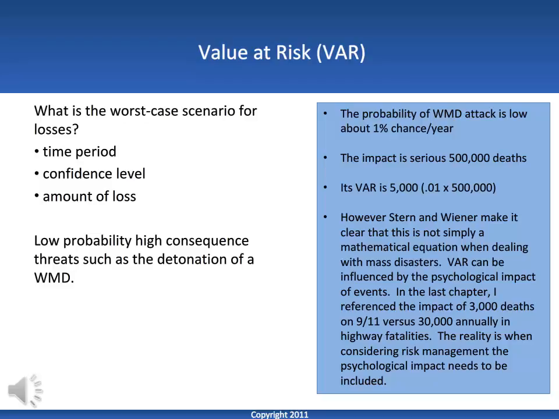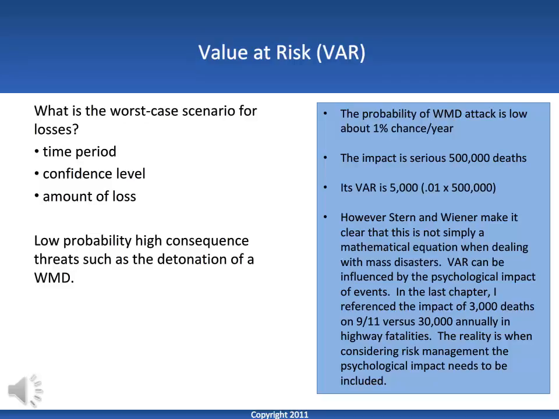The reality is, in risk management, the psychological impact of the devastation of 9/11 was far larger on the American psyche. So what we need to understand is the precautionary principle and the value at risk. The convergence of these results in what we would call a complex risk consequence assessment process.